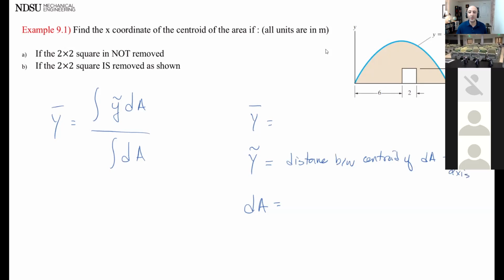What is y bar? The same thing, from the x-axis to the center of area. So this is the distance between the centroid of this whole area and the x-axis. What is dA?